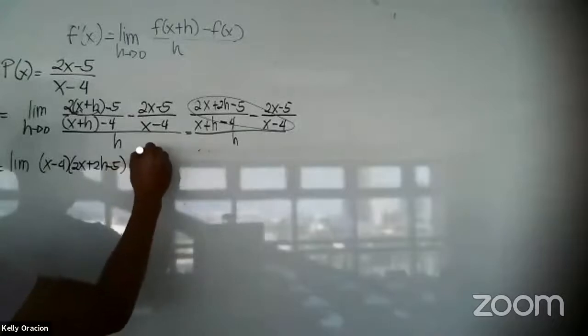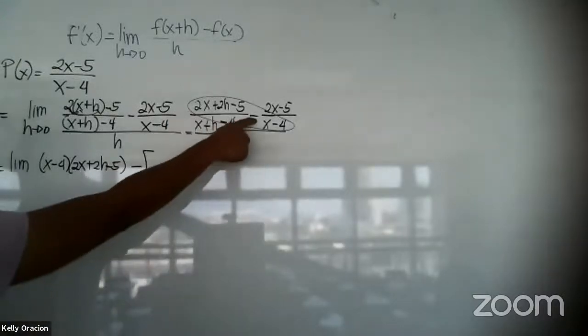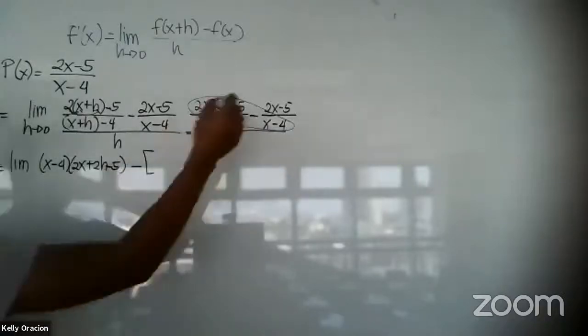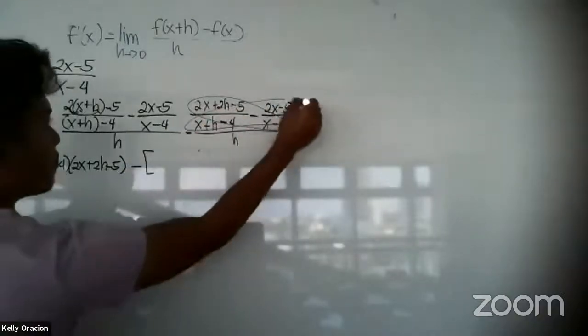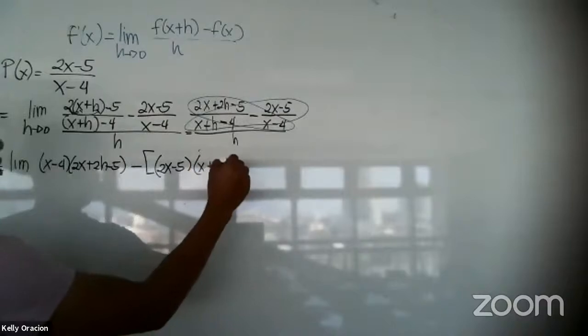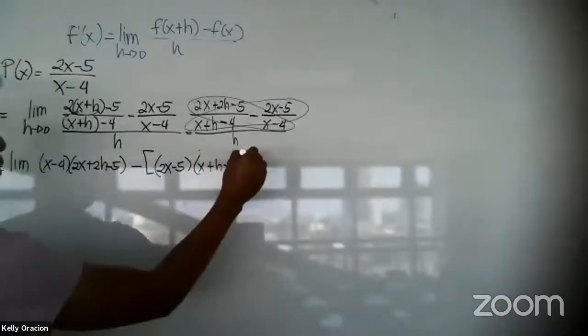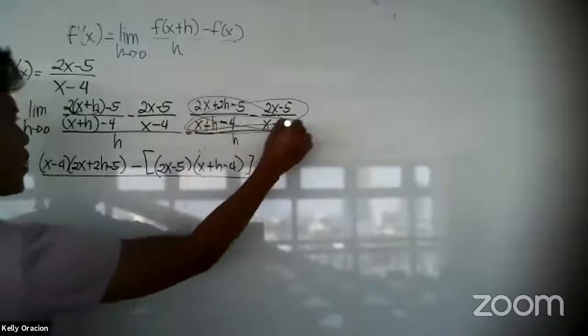Next, minus bracket. Bracket dapat na bracket. Minus, kay minus man minus then bracket, multiply this one. So you have 2x minus 5 times x plus h minus 4. Next, over, multiply the denominators.